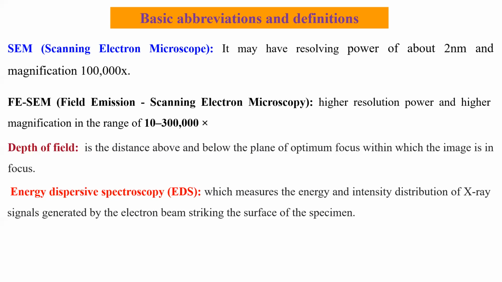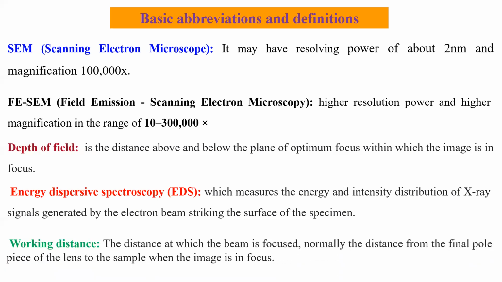If you are considering any element, you can analyze what weight percentage is present in that sample. And working distance is a very important parameter, my dears. Working distance is the distance from the final pole piece of the lens to the sample when the image is in focus.